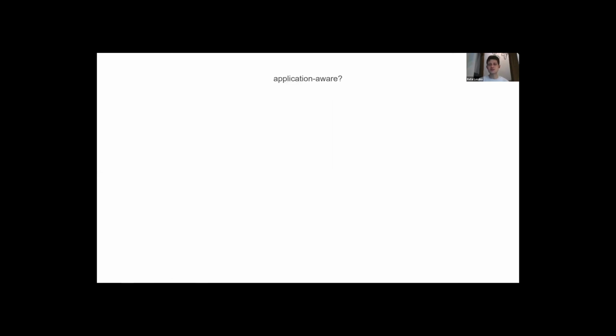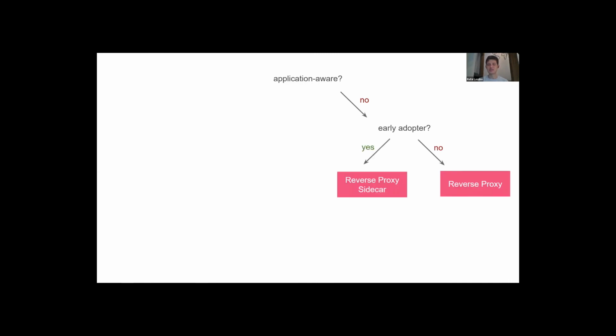The first thing I would ask is, does my application need to be aware of the server part of what is happening? If no, am I an early adopter? If no, use reverse proxy caching. If yes, use reverse proxy sidecar caching.